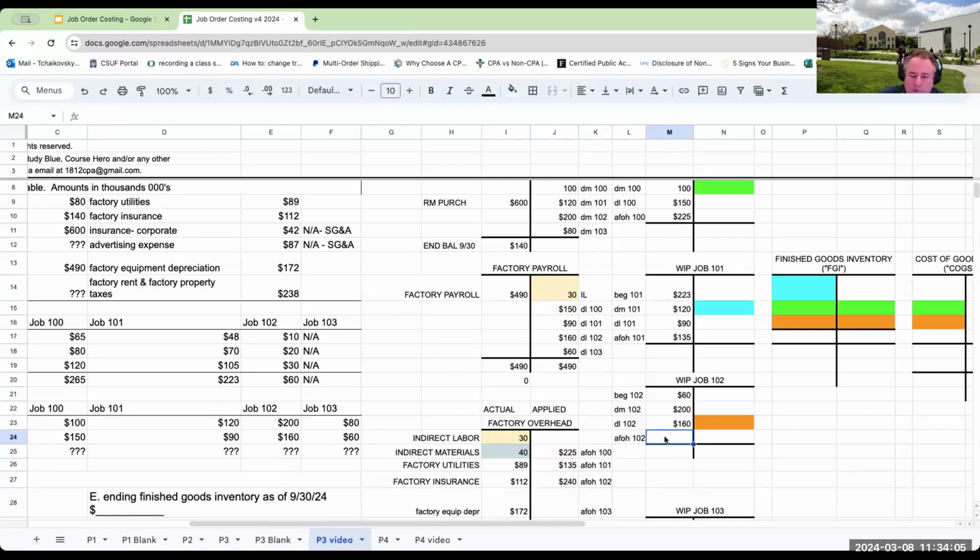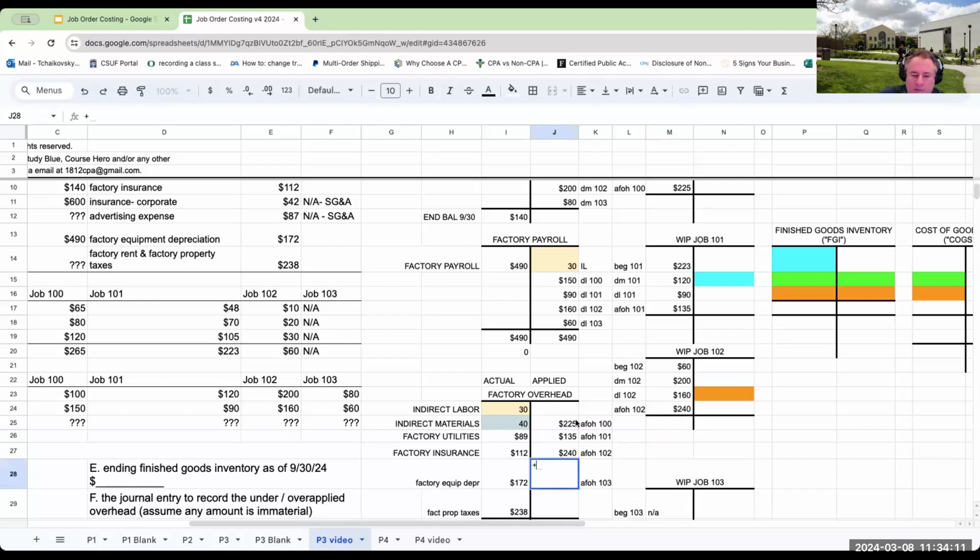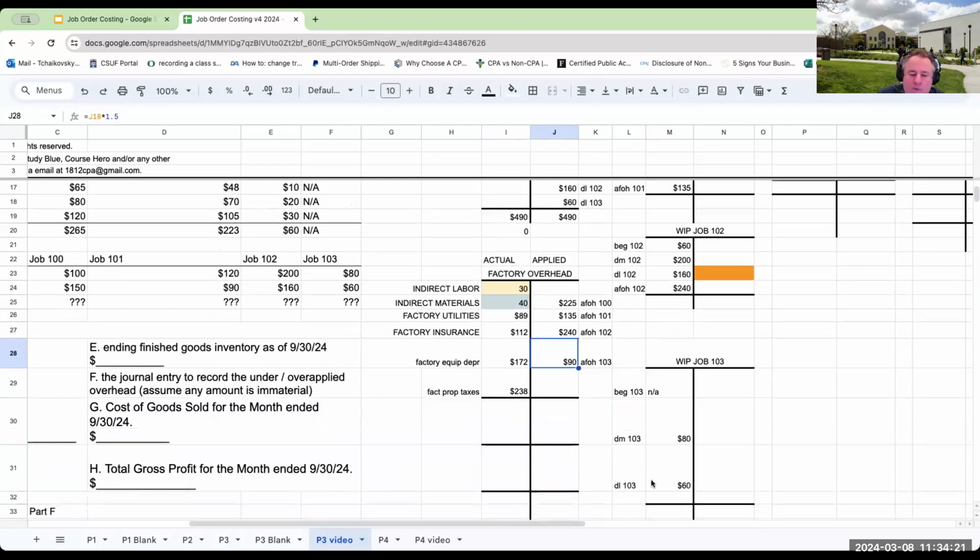For job 103, I'm going to take my direct labor from job 103, multiply this by 1.5, and I'm going to get 90. So my applied factory overhead for job 103 is going to be 90.